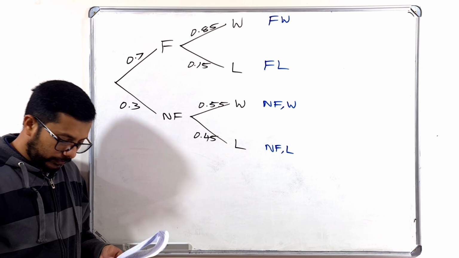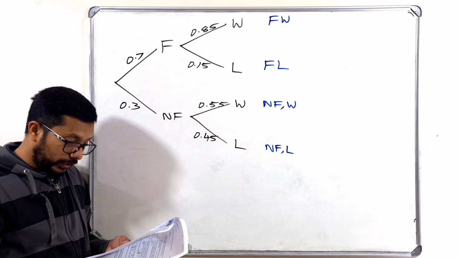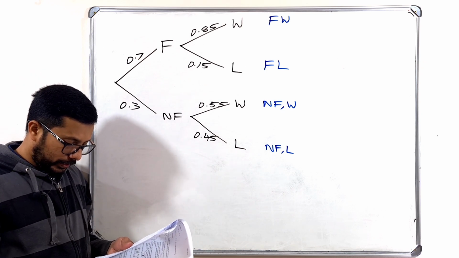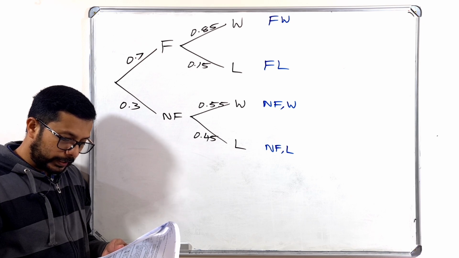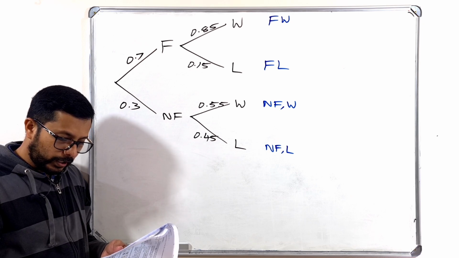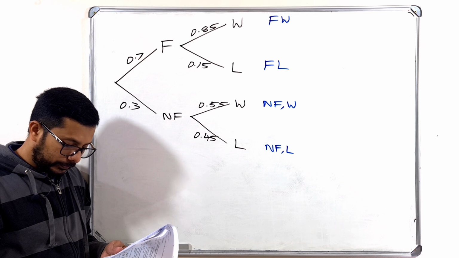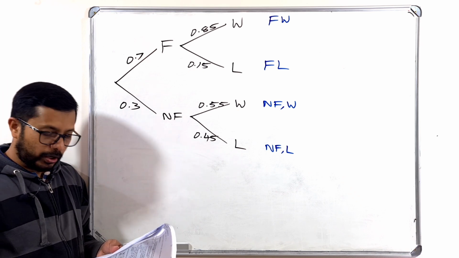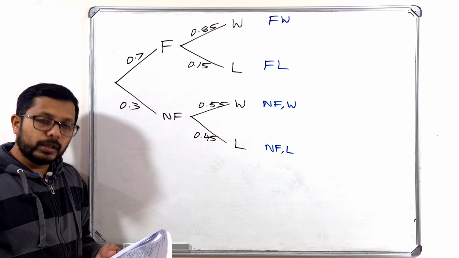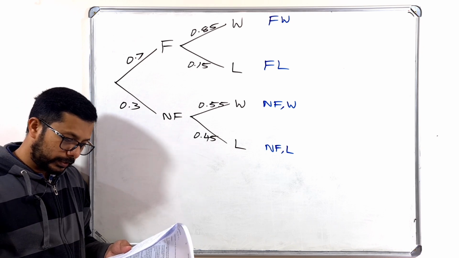Now, what is the first question? Only one question. Based on fitness alone, calculate the probability that the Ghana soccer team will win the next match. So based on this fitness, you have to find the probability of winning the match.